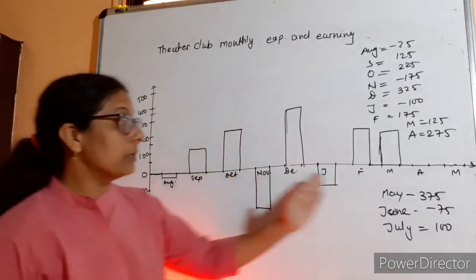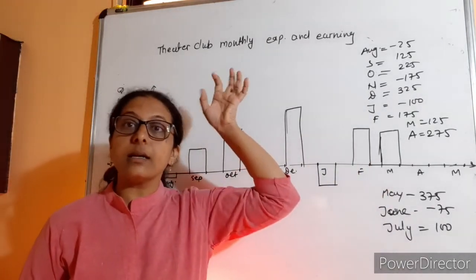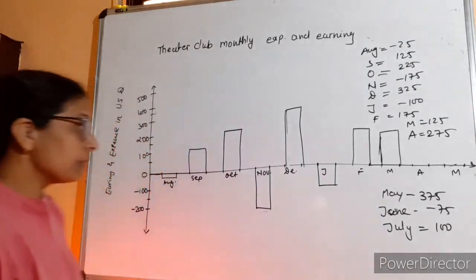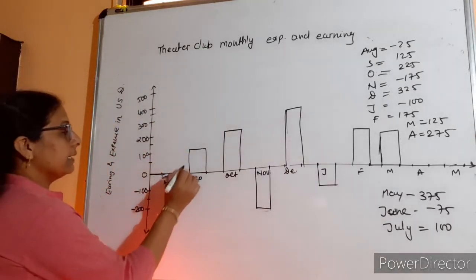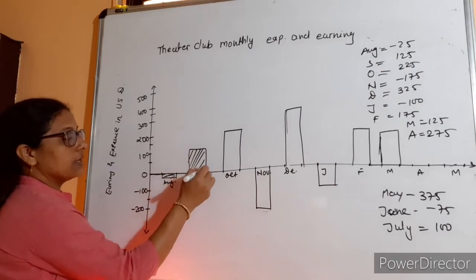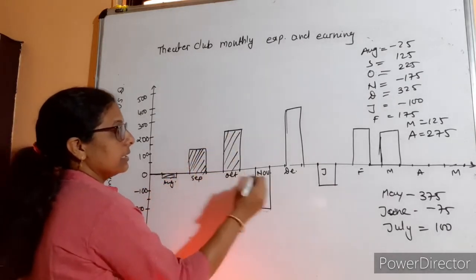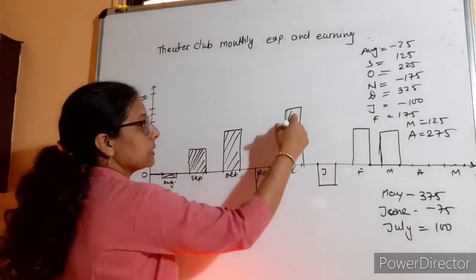In the different months, the progress of this theatre club is given. So we have to draw the different bars by shading the area. In August it is a loss, in September this is the monthly expense.